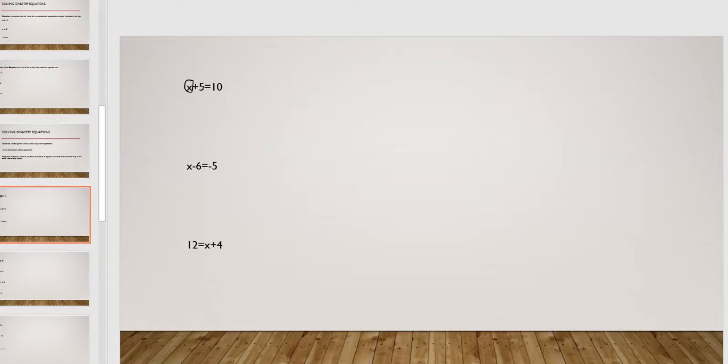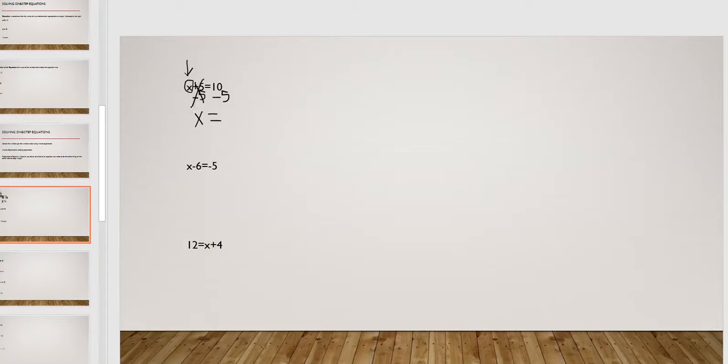So we have x plus 5 equals 10. If we want this right here to just be an x, we need to cancel out the plus 5. The way that we cancel out a plus 5 is by doing a subtract 5, because subtraction is the inverse operation of addition. A plus 5 minus 5 cancels, so we're left with a 1x.